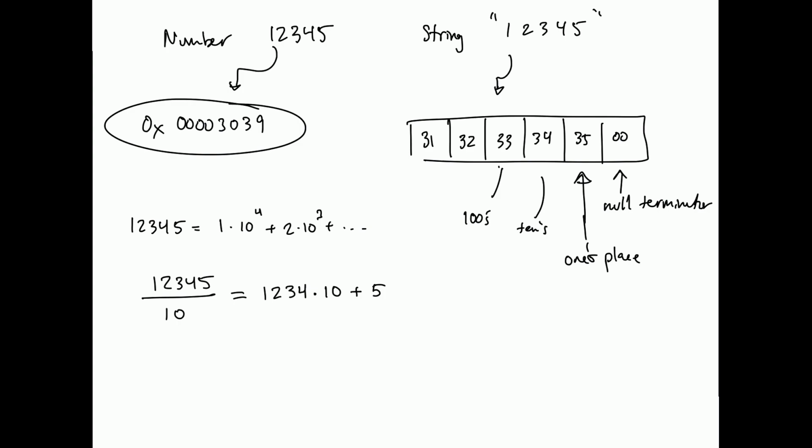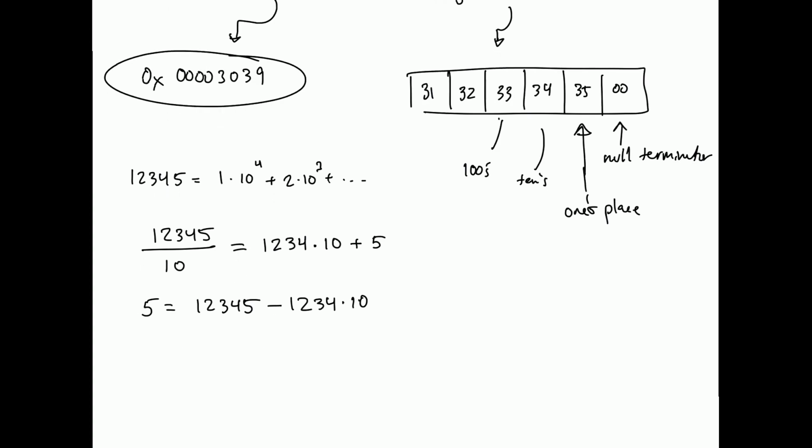Okay, so another way to say this is that 5 is the result of doing 12345 minus 1234 times 10. Okay, so let's look at what all the pieces are here.